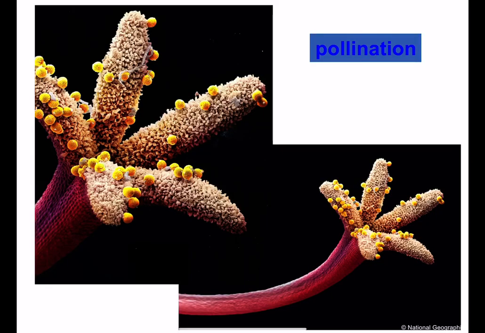Here's a really cool close-up look at a scanning electron image of pollination. We've got pollen grains on the tip of a stigma. This is a 5-parted stigma. Remember, the stigma is just the top of that female reproductive part, and that's where it's receptive to pollen grains.